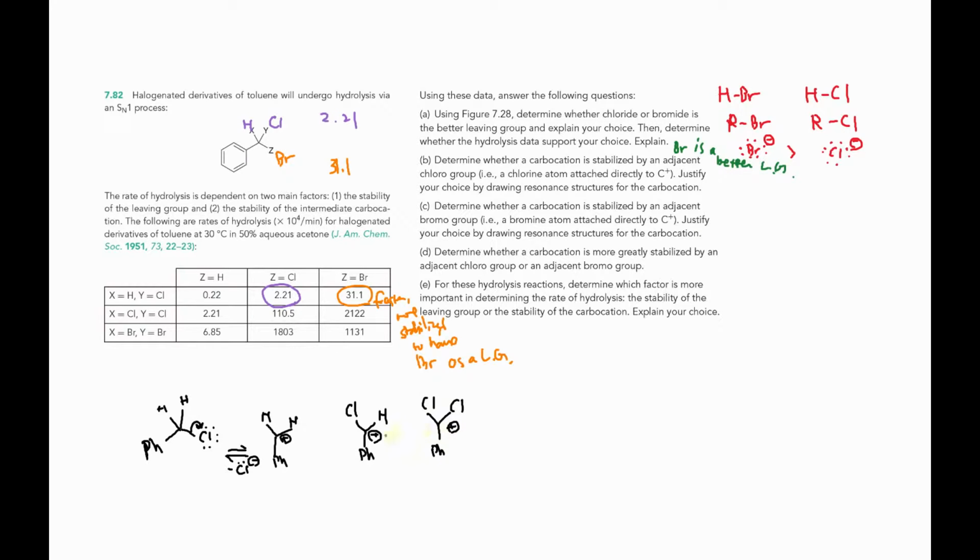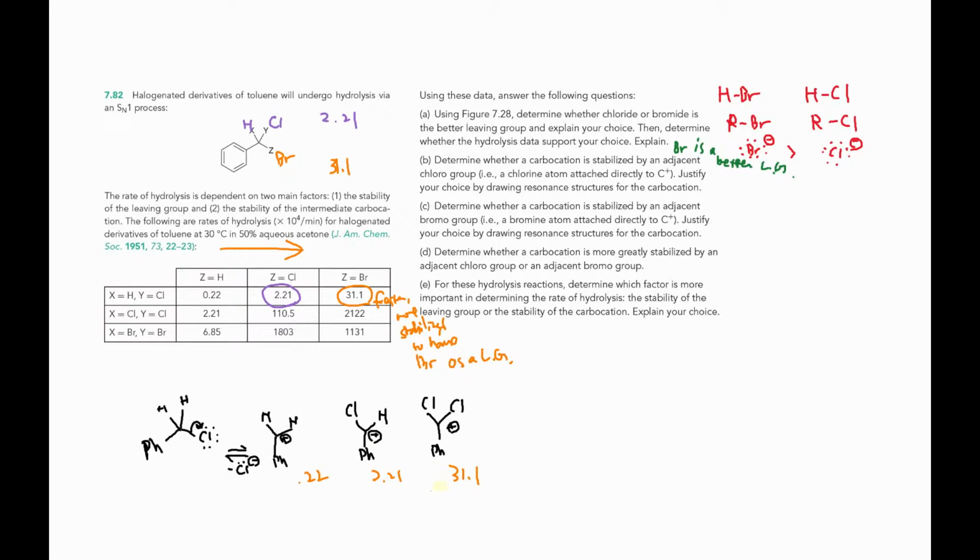So in other words, since the chloride was initially over there, let's check our hydrolysis data. We have the one with H, H, Cl at about 0.22, and the next one, 2.21, is pretty much across the row, and then finally we have 31.1.